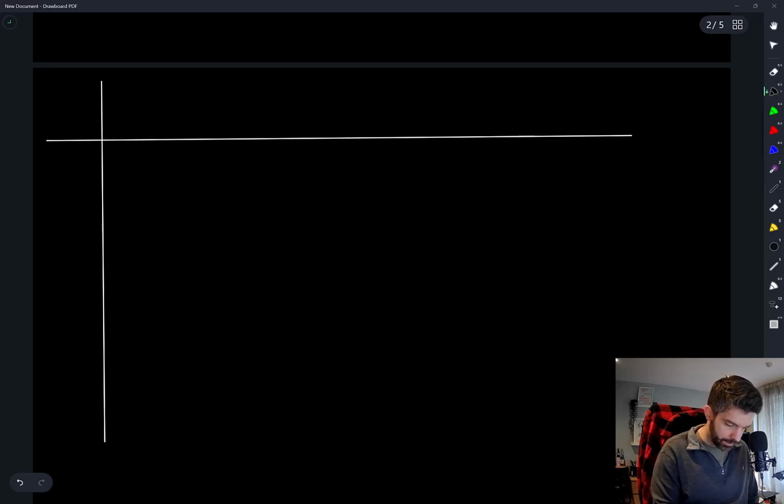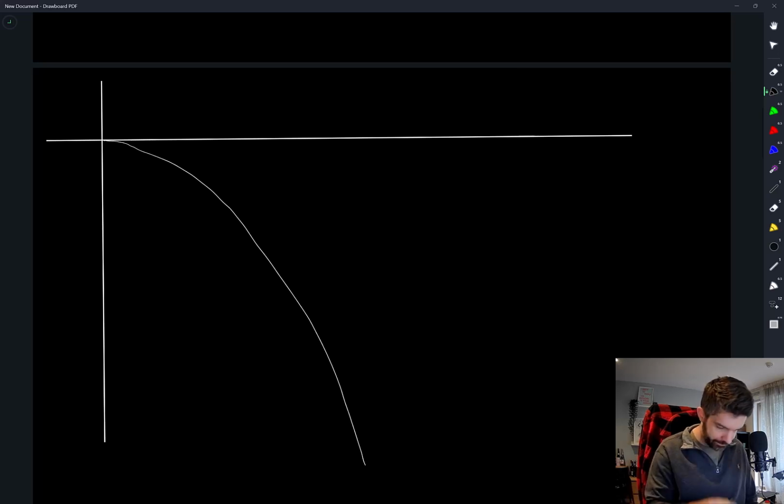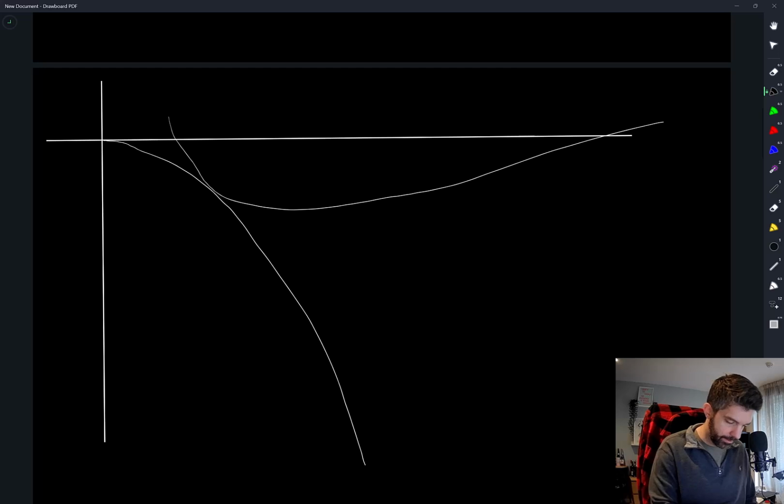So this parabola, y equals x squared, something like that.